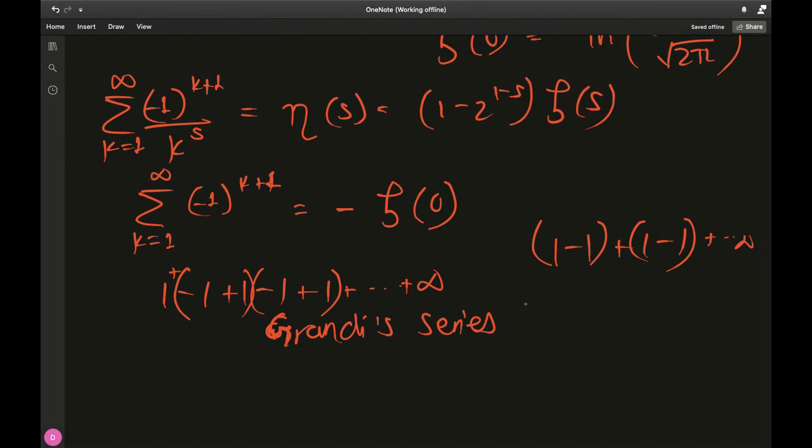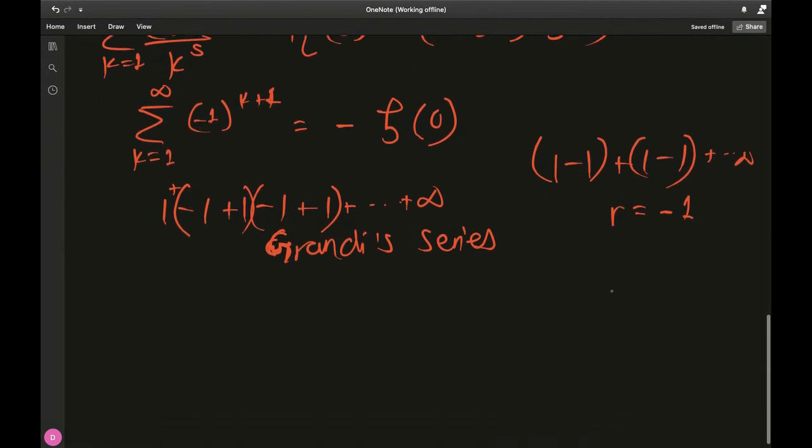But in any case, we can assume this to be a geometric series with common ratio -1. And although in the conventional sense a geometric series converges only when the absolute value of the common ratio is less than 1, the radius of convergence in this case is actually equal to 1, but still we can extend that argument for the sake of regularization and analytic continuation.